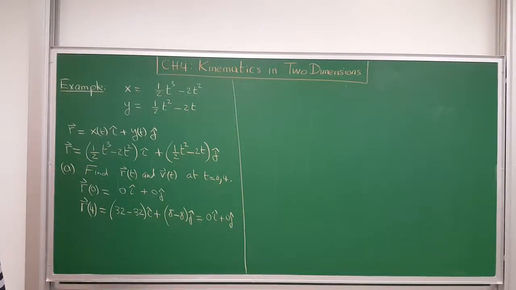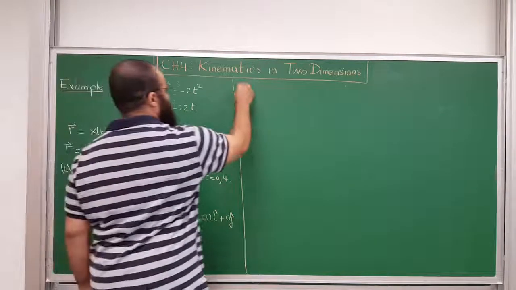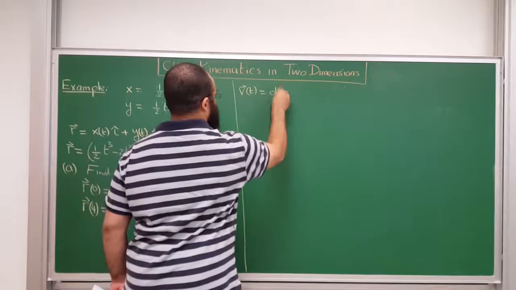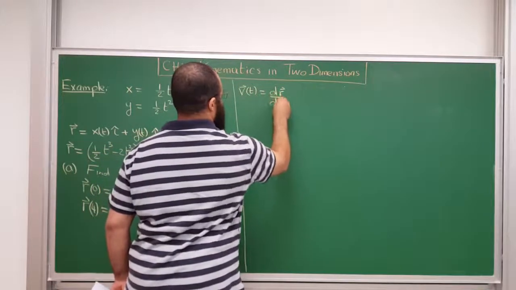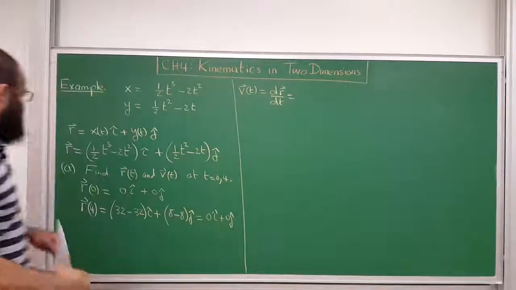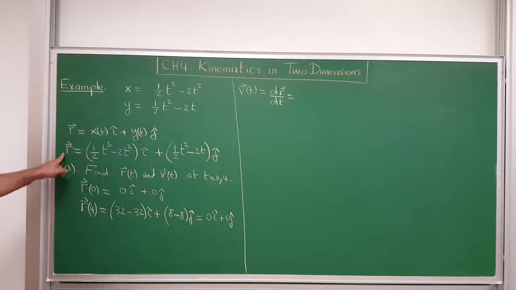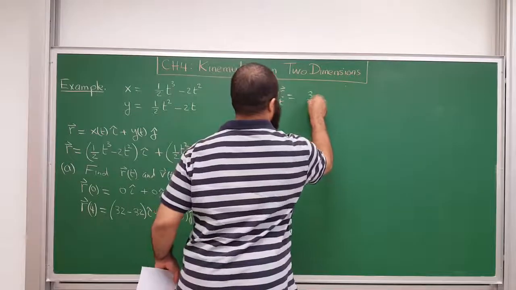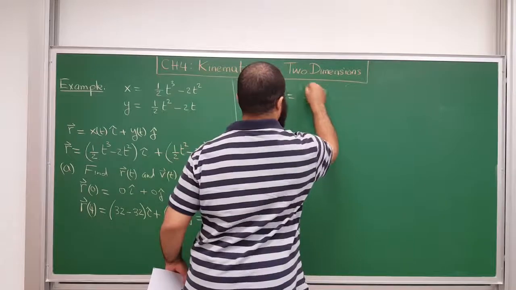Let's find v of t and then the speed. So we know that v as a function of time is the derivative of position with respect to time. Let's take the derivative. Derivative of 1/2 t cubed, the 3 comes down, so it becomes 3/2 t squared.